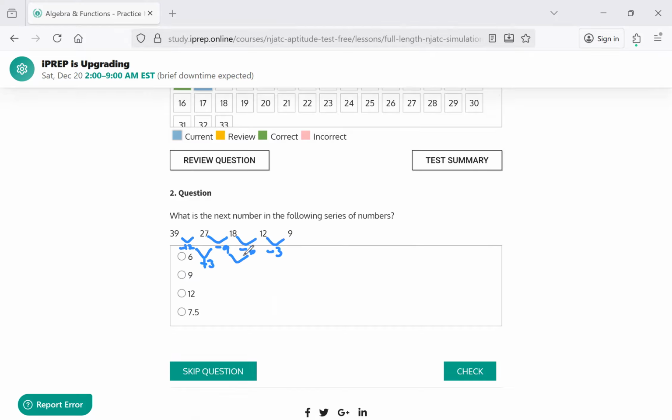From -9 to -6, yes, +3. And from -6 to -3, you add 3. So you're adding 3 each time. The next difference is -3 plus 3, which is 0. So you take the last term, 9, and add 0, which is 9. So the answer is 9.